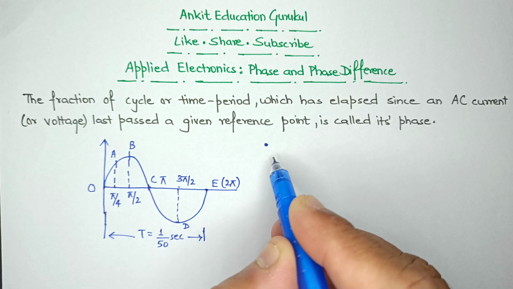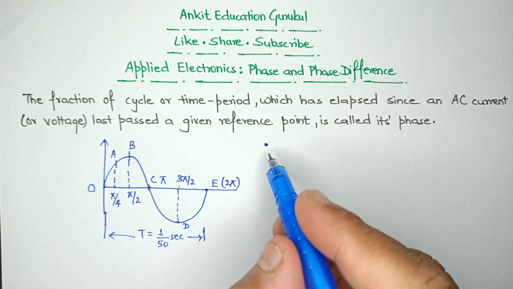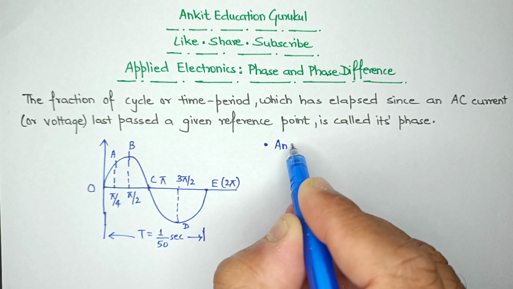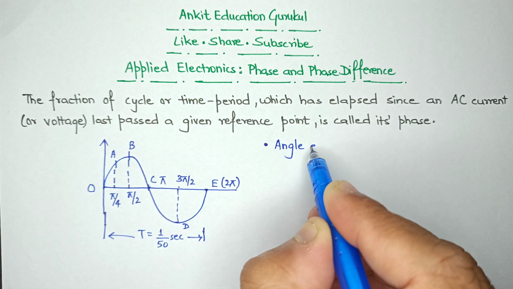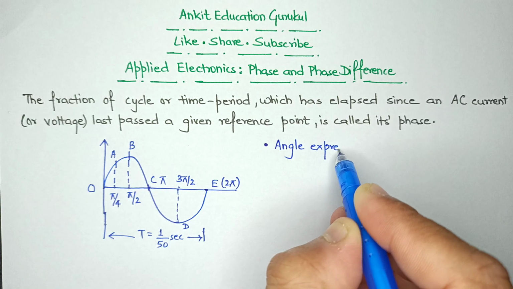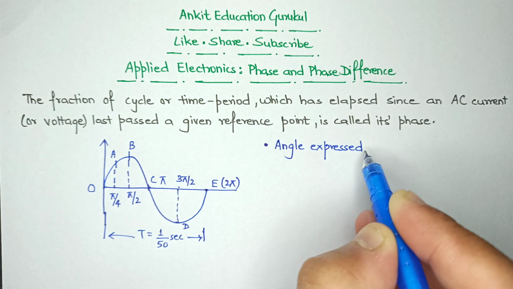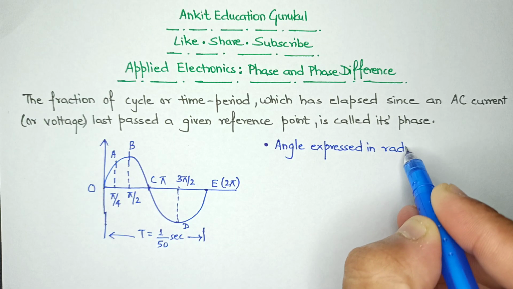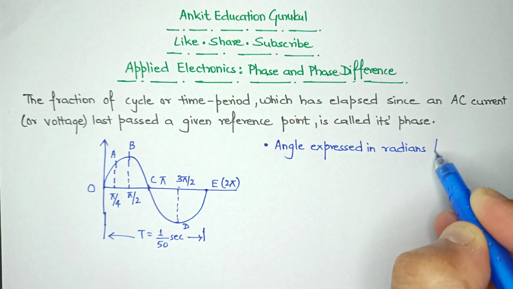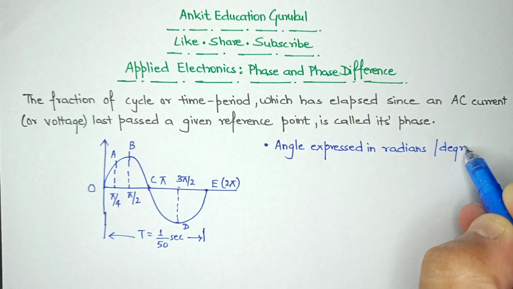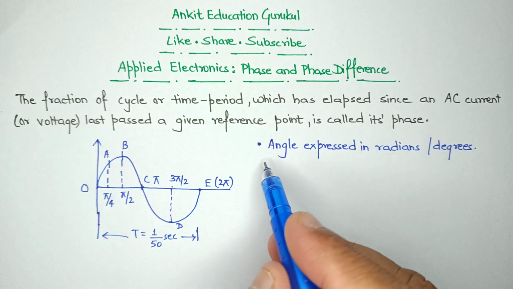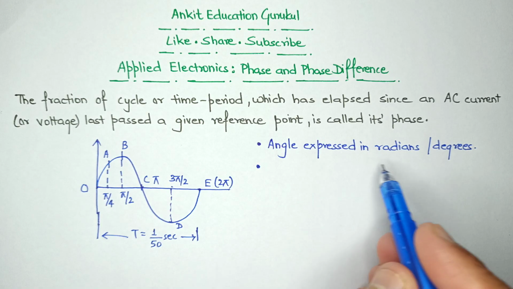The first method to represent a phase is the angle expressed in radians or degrees.